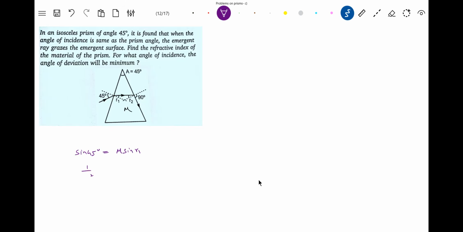1 by root 2 equals mu sine r1. So sine r1 equals 1 by root 2 mu. Then mu sine r2 is equal to sine of 90 degrees. So what is sine r2?